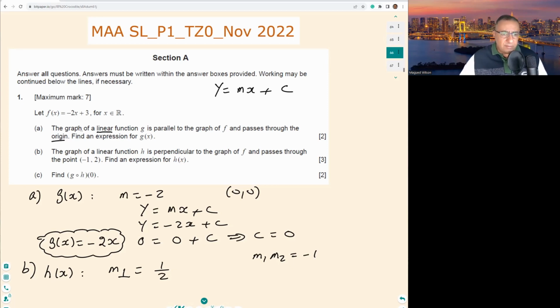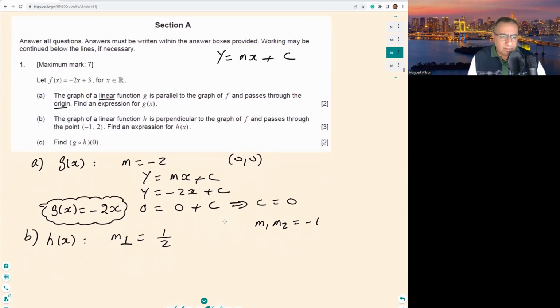Then we also have a point for function h, so we can apply the same approach. We can say y = mx + c, where m is now 1/2, the slope of h. Then you apply the point: when x was -1, y is 2. So 2 = 1/2 times -1 + c, and then we can find the constant, the y-intercept.